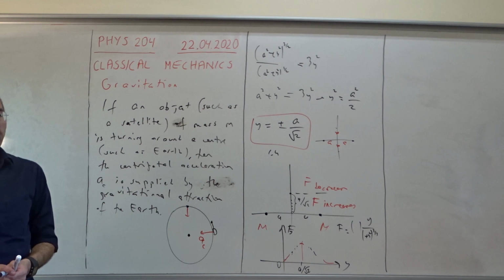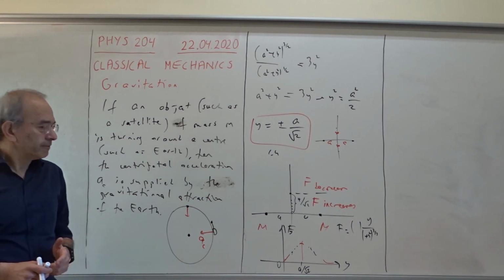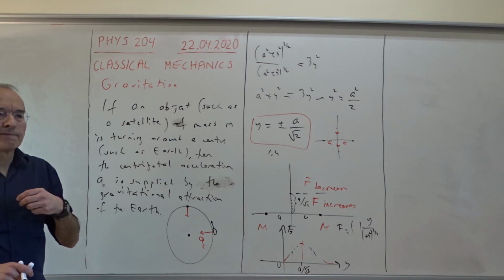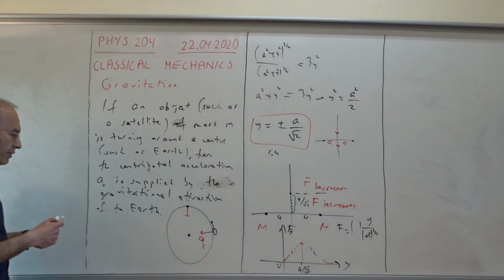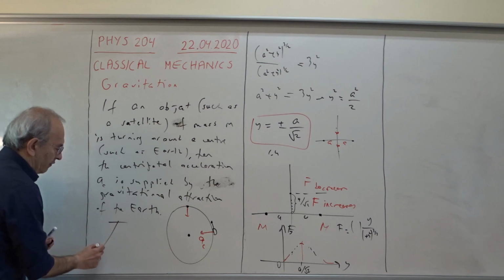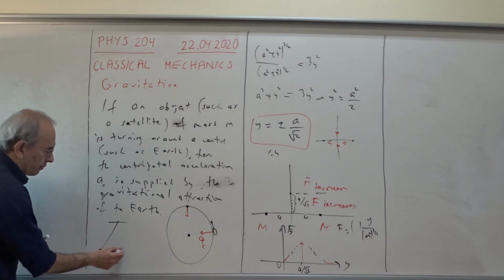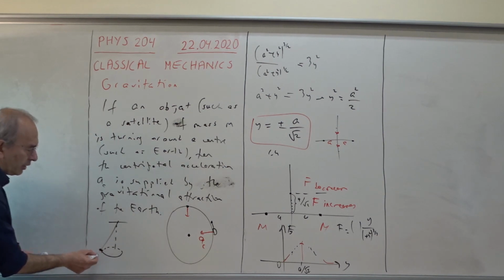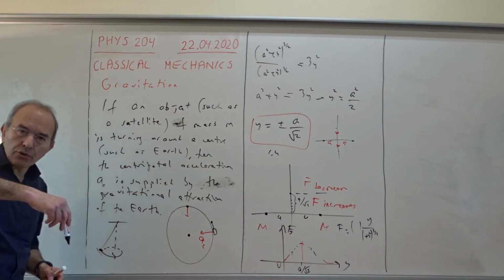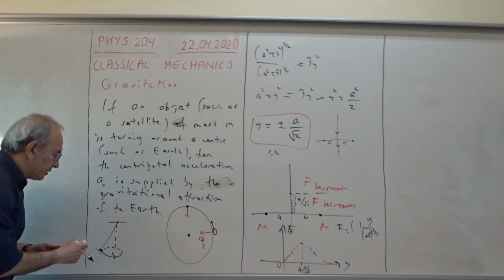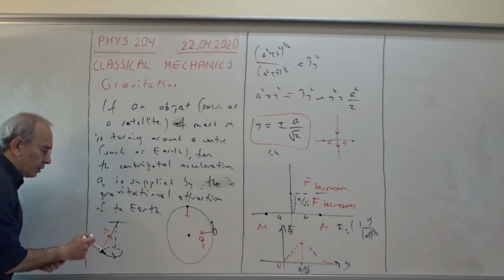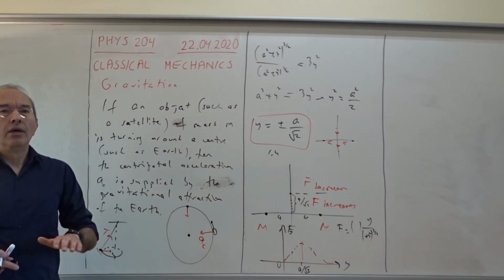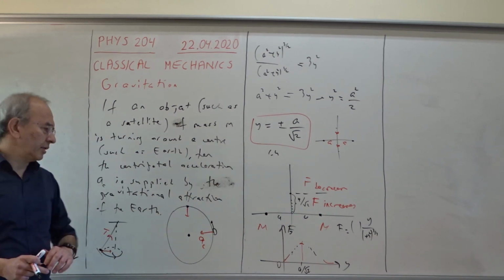In the case of, for instance, something turning on a rope, if you have an object attached to a rope and this object is turning in a conical way, then it is the x component of the tension that supplies the necessary centripetal acceleration.